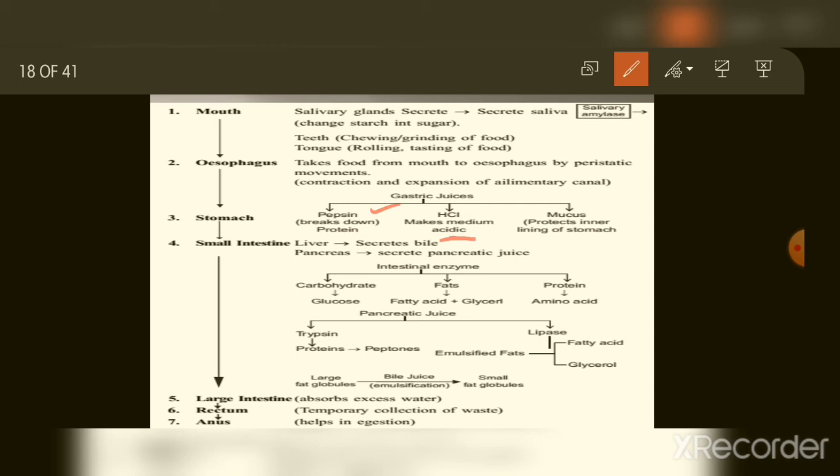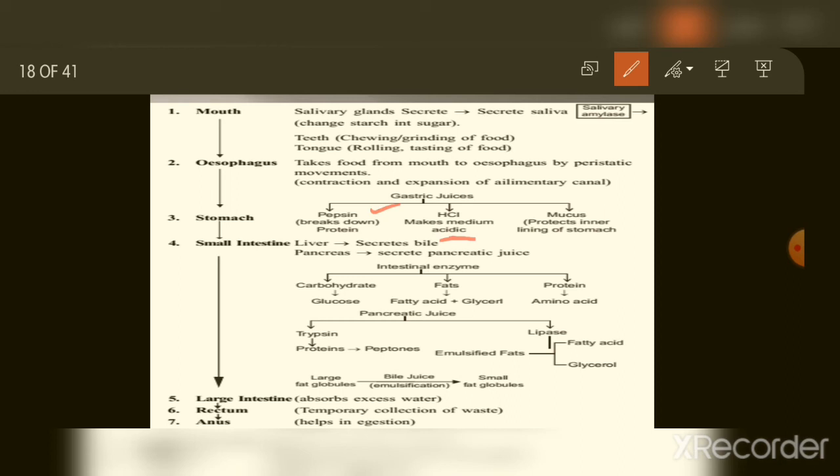So it has to be made alkaline for the pancreatic enzymes to act. So the liver secretes bile juice, and the gallbladder stores it. It also gives color to the waste.